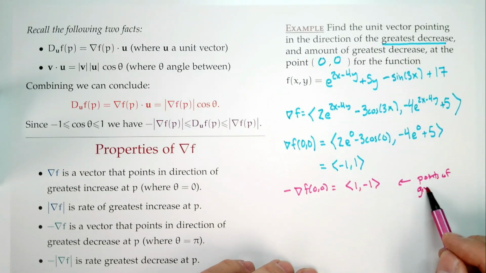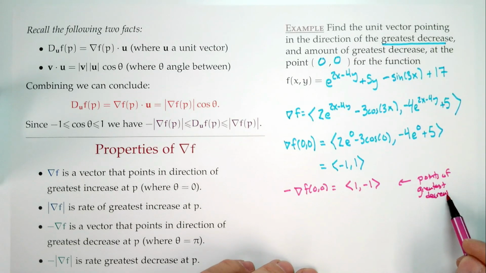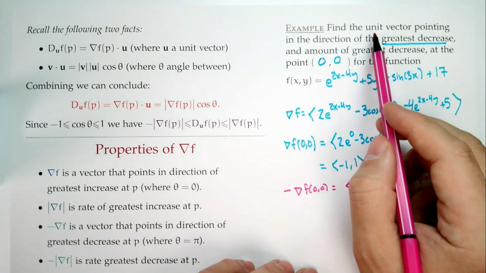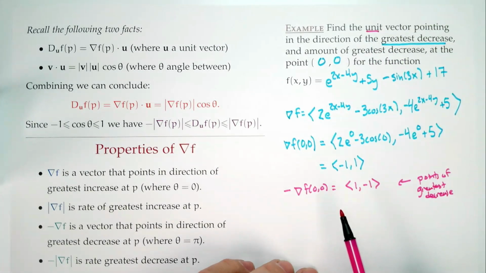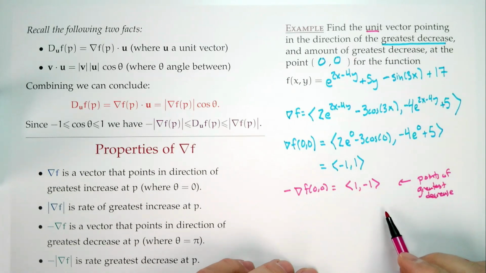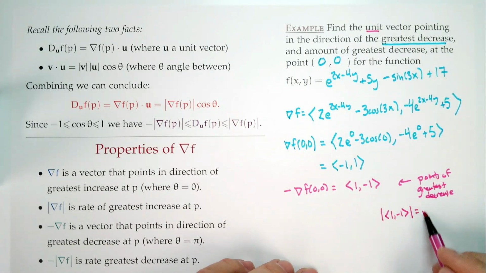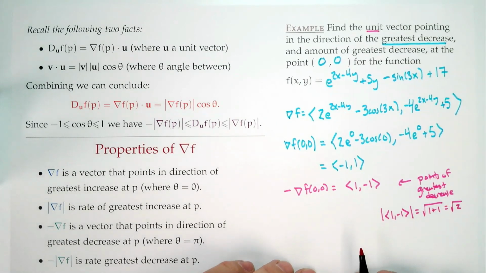Now, is this our answer? The answer is no, because it's not a unit vector. So we need to make it a unit vector. Let's take that (1, -1). It's easy to find the magnitude of that vector: square root of 2.